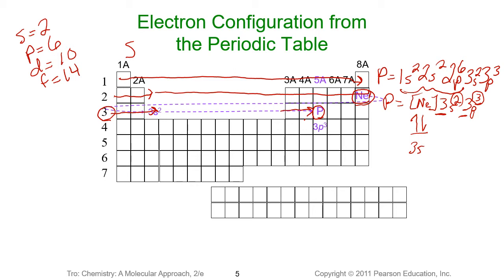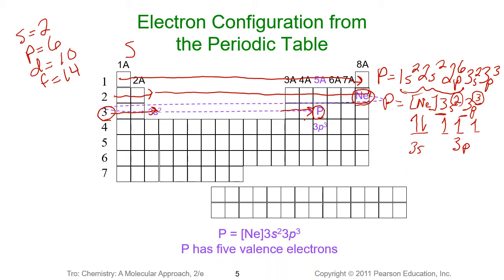The p orbital has 3 different orientations that it can be. We have 3 electrons that we're putting in, and Hund's rule tells us that we have to put 1 electron into each orbital before we start pairing them. So we would have 3 unpaired electrons in that 3p orbital.